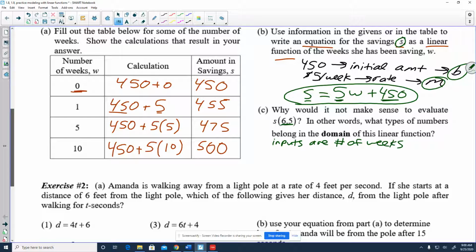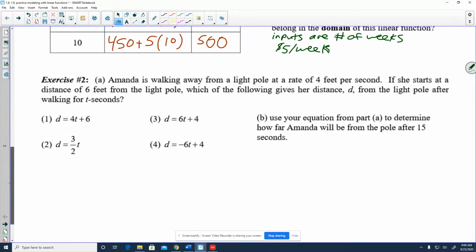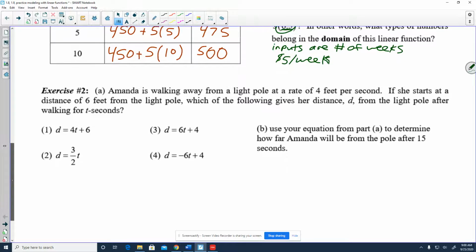So if our input are number of weeks and she's making $5 a week, right? It wouldn't make sense to calculate how much she makes after a half a week, okay? So try to write something like that. It wouldn't make any sense to calculate how much she makes in half a week because she makes $5 per week, okay?